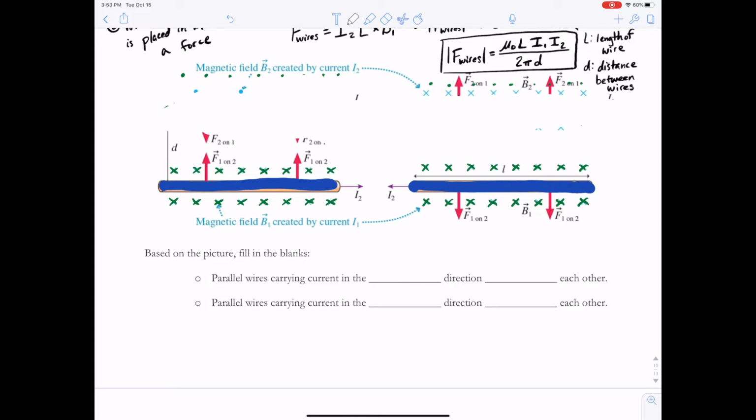and focusing just on wire 2 down below, see if you can derive for yourself, using your right-hand rule for cross products, that the force on wire 2 is directed up the page on the example on the left and down the page on the example to the right.